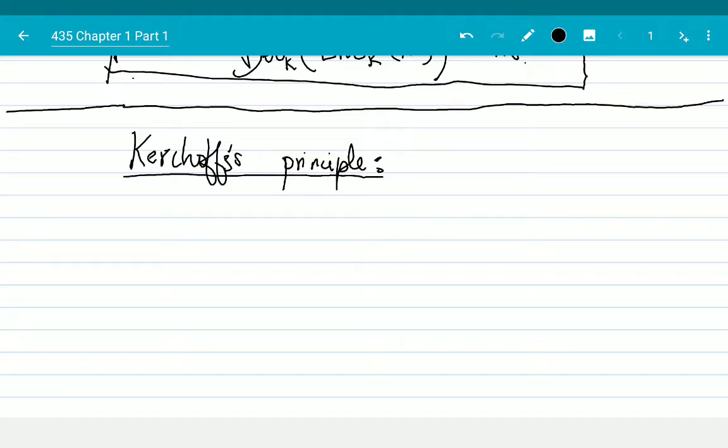So, what does Kirchhoff's principle say? Well, first, the encryption scheme is not a secret.